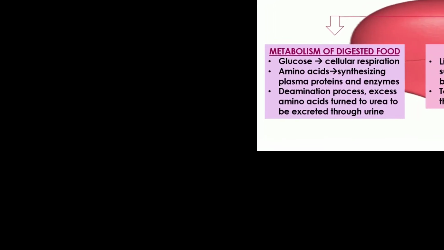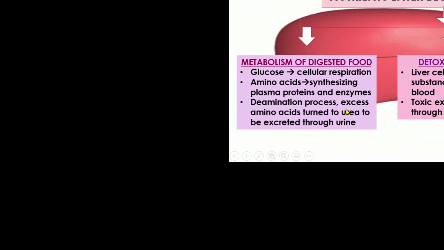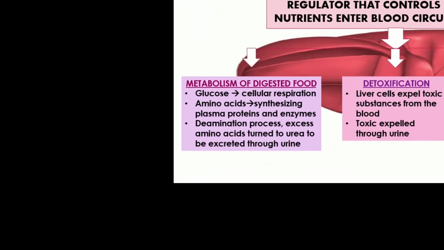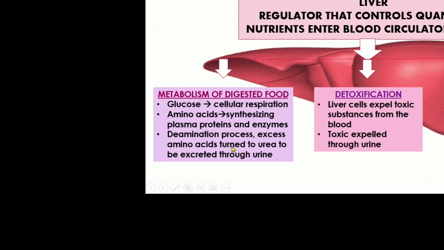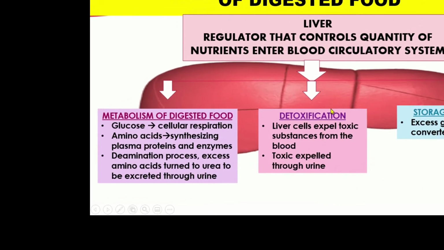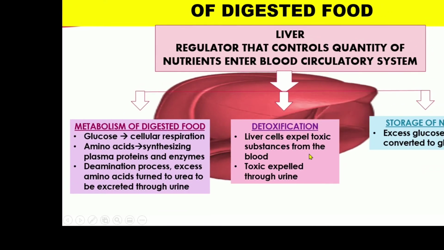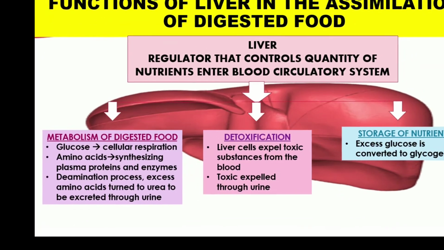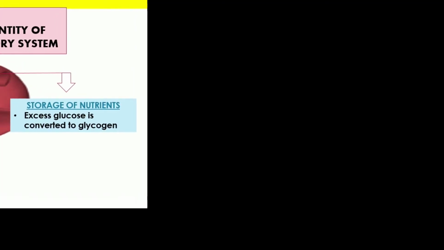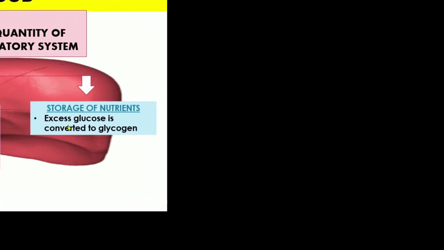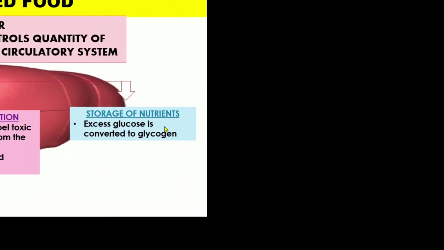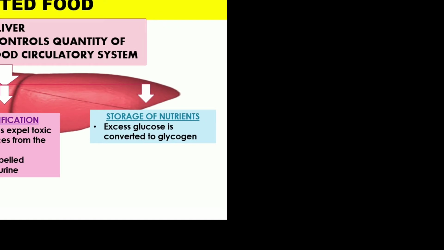Amino acids will synthesize plasma protein and enzymes. Meanwhile, deamination is a process where the excess amino acid will turn to urea to be excreted through the urine. The second process involves detoxification. The liver cells expel toxic substances from the blood, also through urine. The third one is the storage of nutrients. The excess glucose is converted to glycogen.